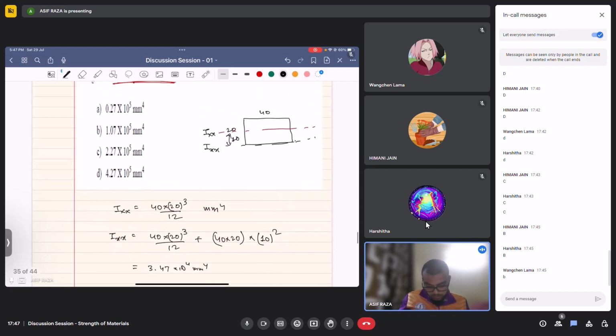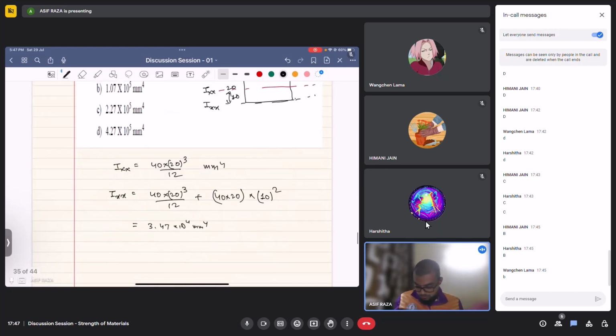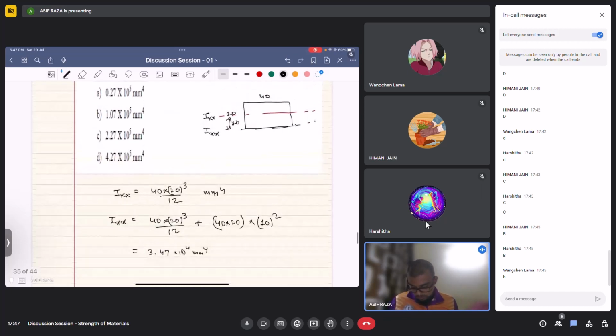Did I make any mistake? 40 into 20 cube, 2.67, and 40 into 20 into 20.